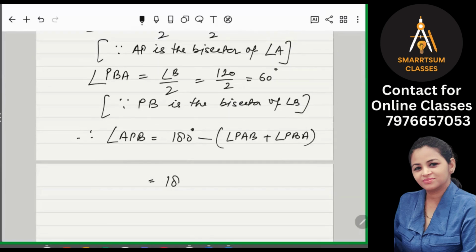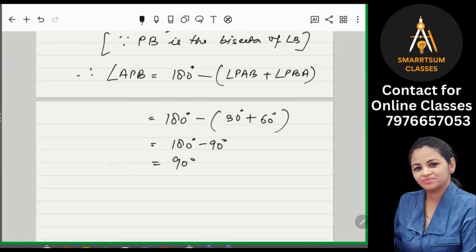So 180 minus 30 plus 60, so you will get 180 minus 90, that is 90 degrees. So in this way we have proved that angle APB is 90 degrees.